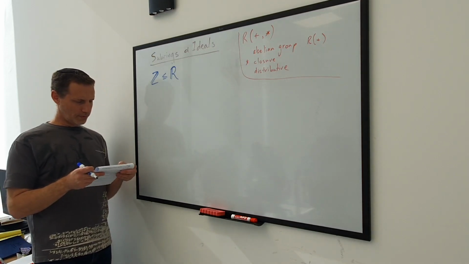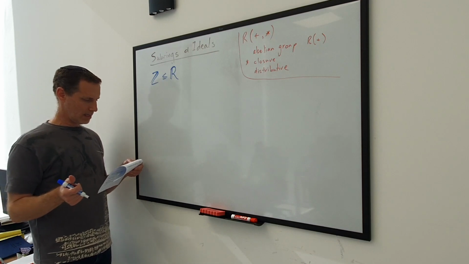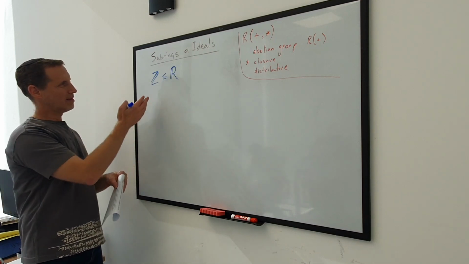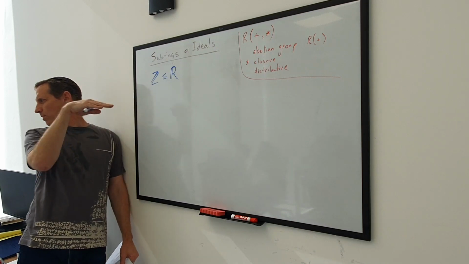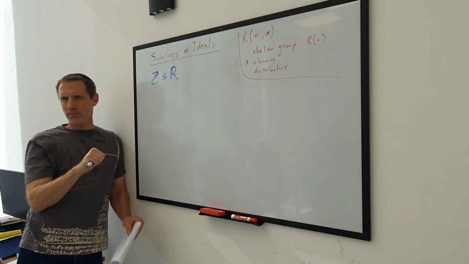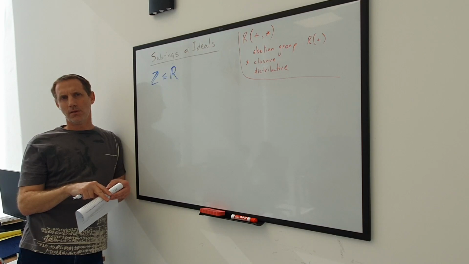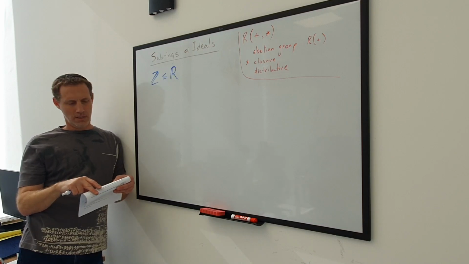First of all, it's a subring, right? We know that it's a group, it's got the 0.